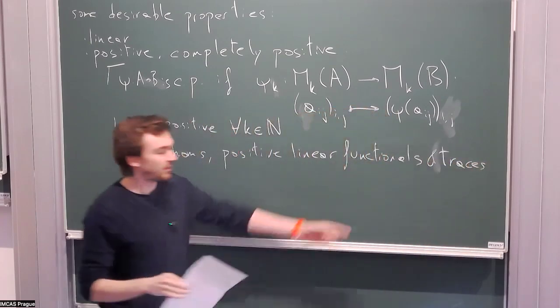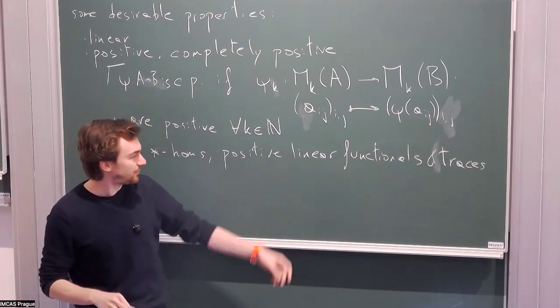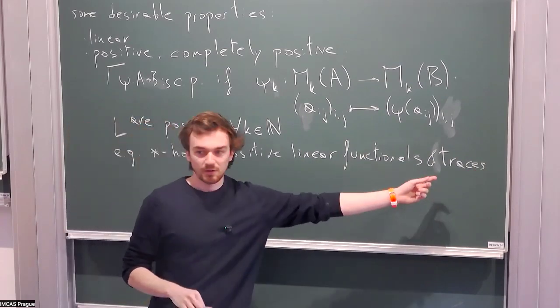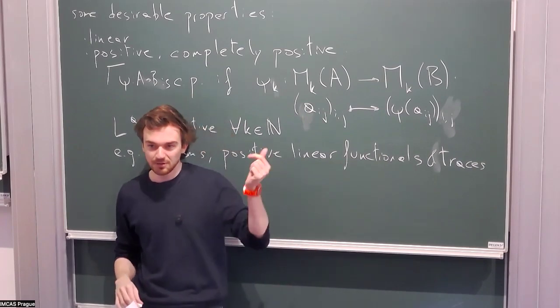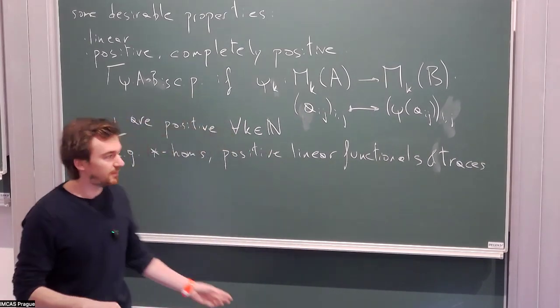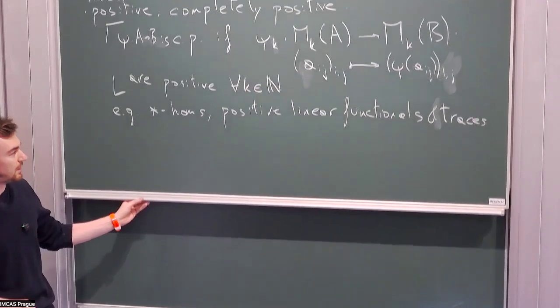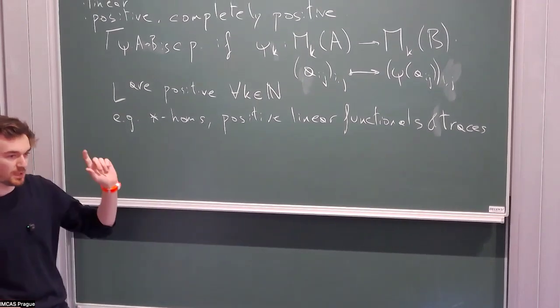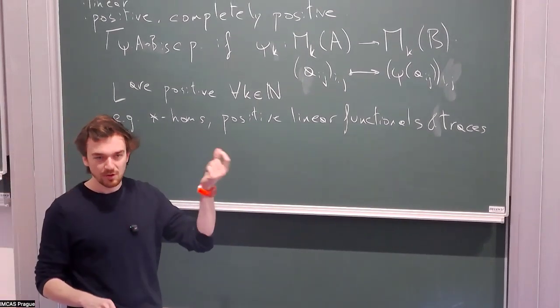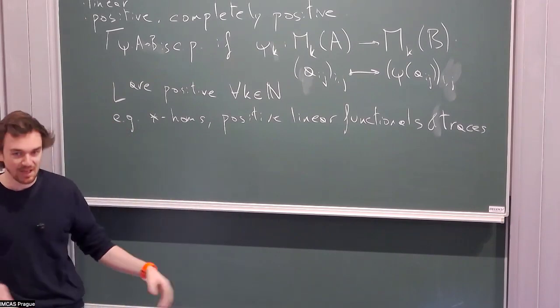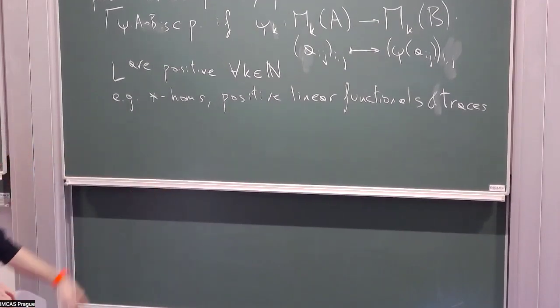In particular, traces. So traces are positively linear functionals, which also satisfy the trace identity, namely that we can swap the entries in a product when applying the trace, as you do with the canonical trace on the matrices.